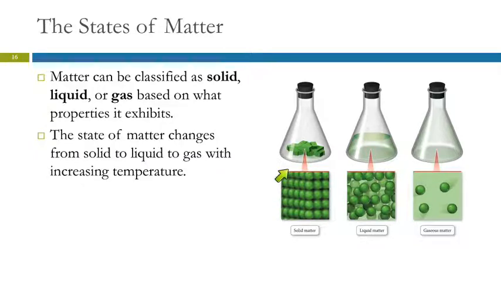So I don't know what this green substance is supposed to represent. It kind of looks like Jell-O or something there. It's a lot easier to talk about water, though, because water is something that we are familiar with in all three of its states. When water is a solid, we call it ice. When it's a liquid, we just call it water. And then we also experience water in the gas state.